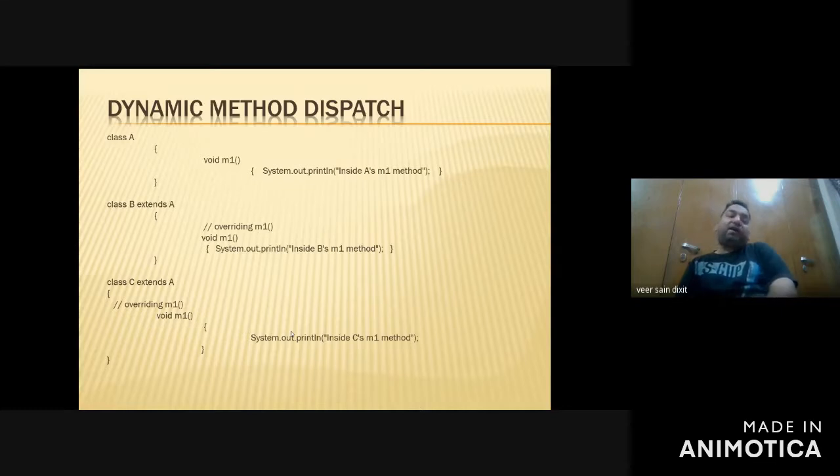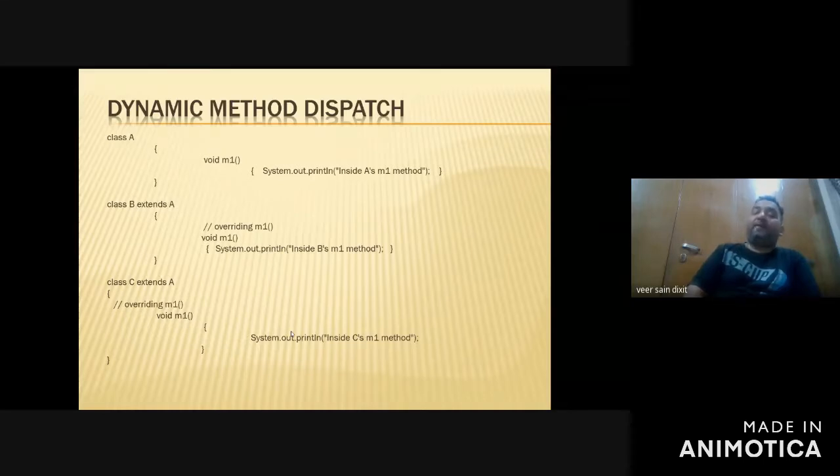Then we are creating a class B, which is extending class A. This is the subclass of A, where again there is a method M1. It means we are overriding the method of the superclass. Again we are printing the same message.